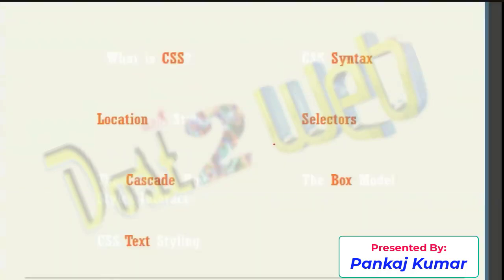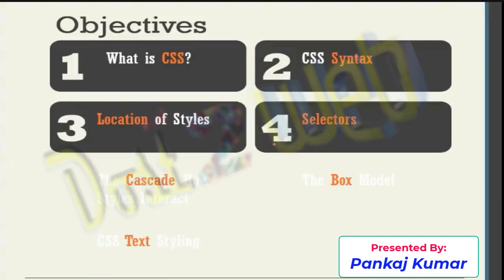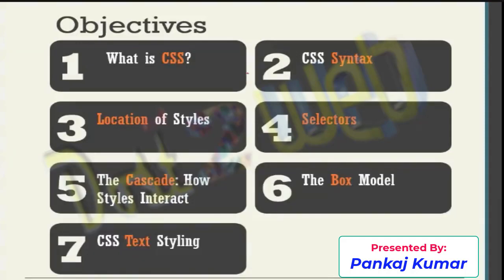Let's proceed with what we are going to see today. We'll be talking about what CSS is, the CSS syntax, and the location of styles. That means how you can access the style sheet.